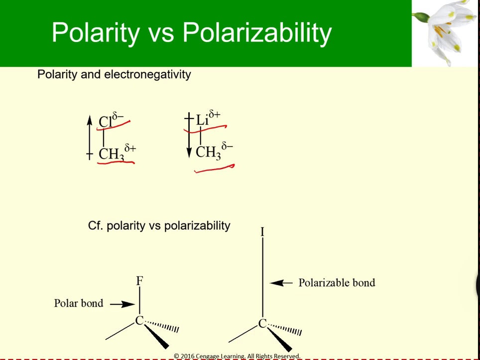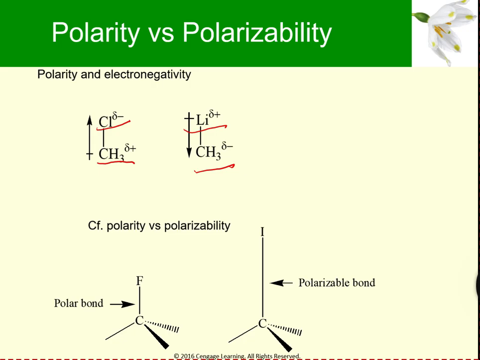So the electronic property of the carbon strongly depends on what is attached to the carbon. If the carbon is attached to electronegative atoms, then carbon will be positively charged. But if the carbon is attached to metal ions, then the carbon will have negative charges.